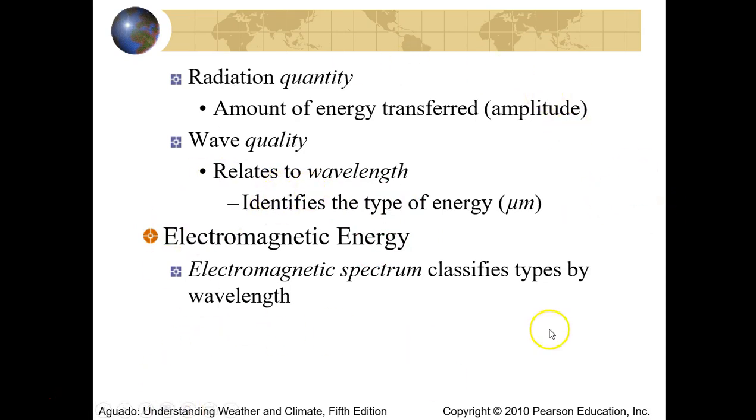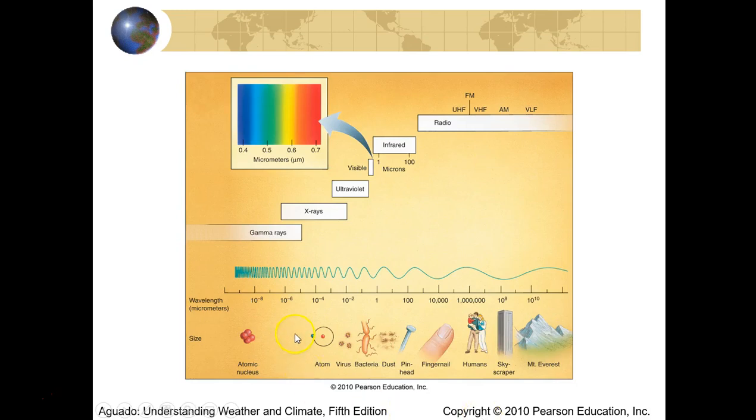We have to understand these differences because the sun is the ultimate source of electromagnetic energy, and we must understand these different wavelengths to really get a sense of how the sun's radiation is influencing the earth and driving our seasons.